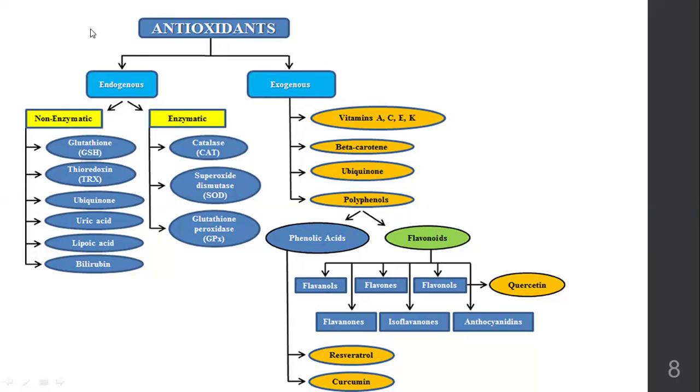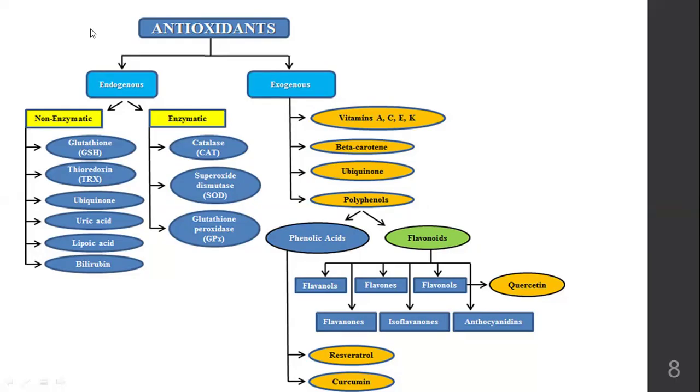Then in endogenous non-enzymatic, you have glutathione produced in your body, thioredoxin, ubiquinone, uric acid, lipoic acid, bilirubin produced by your liver. They all have antioxidant capabilities. They are produced in your own body.